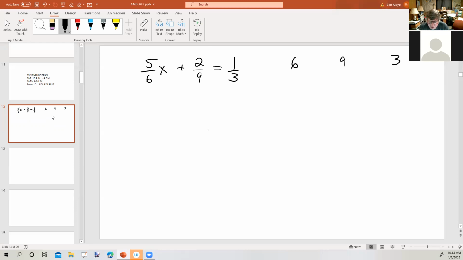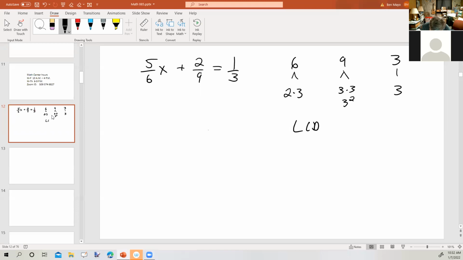To find the least common denominator of all the denominators, the first thing we do is the prime factorization of each denominator. 6 would be 2 times 3, 9 would be 3 times 3, or 3 squared, and 3 is prime, so the prime factorization would just be 3.